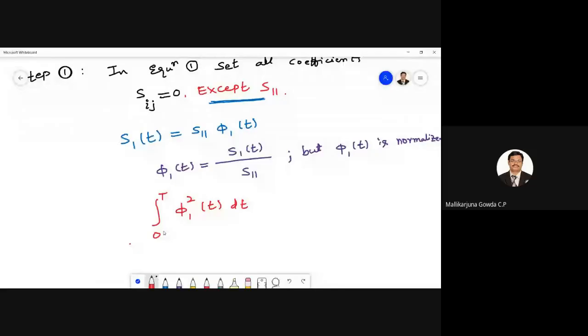Is this fine? Because i equals j equals 1.